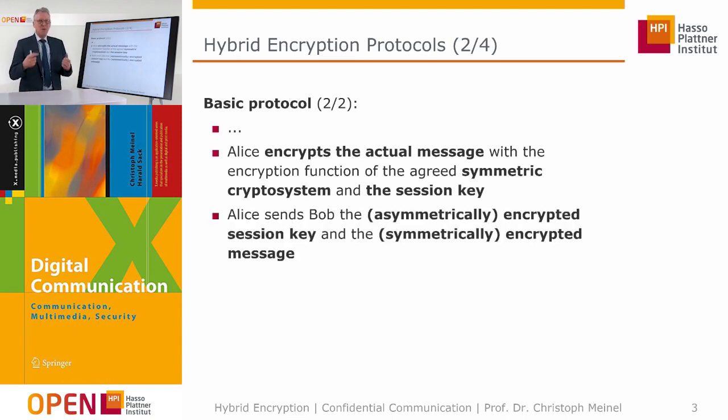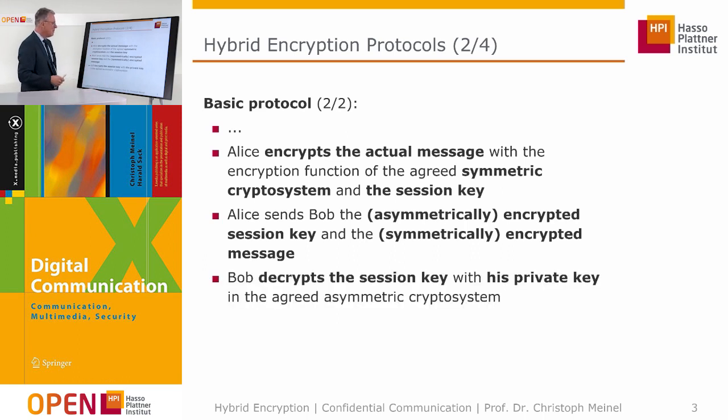And then she sends two messages to Bob. First, she sends the encrypted session key, which was encrypted with the asymmetric system, to Bob. And second, she sends the encrypted message itself, which was encrypted with a symmetric system and the session key.